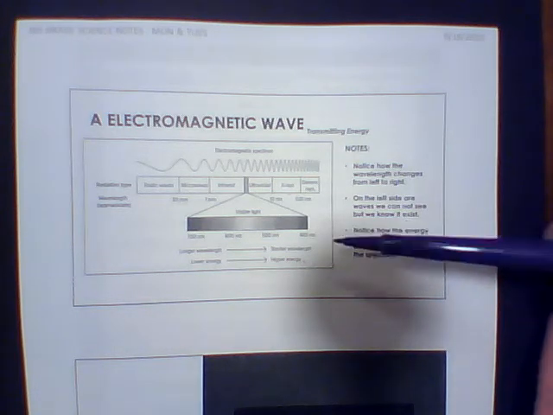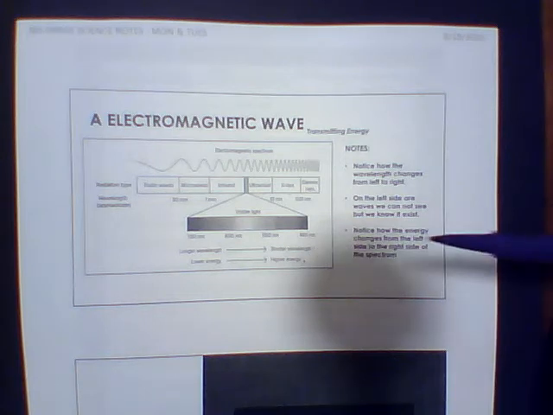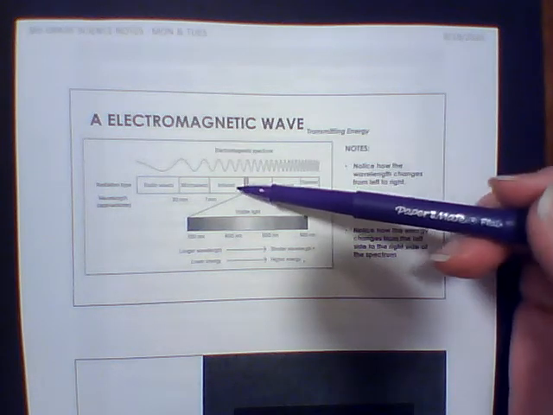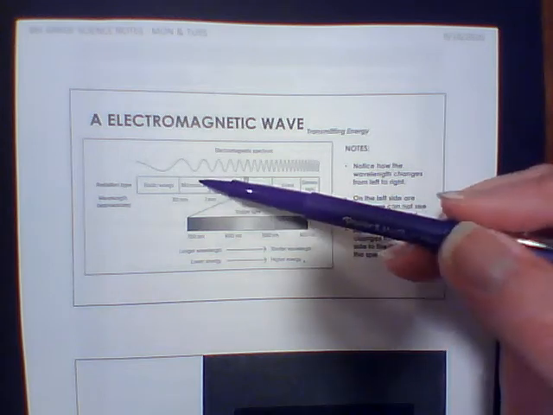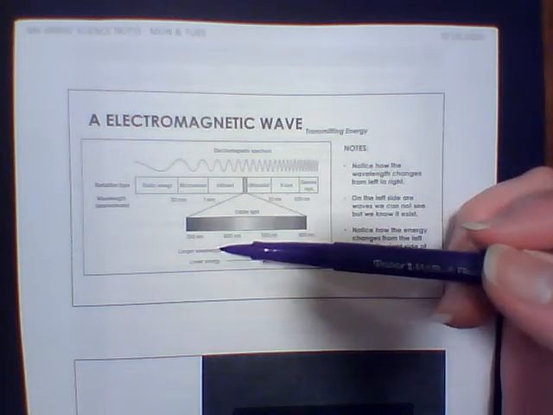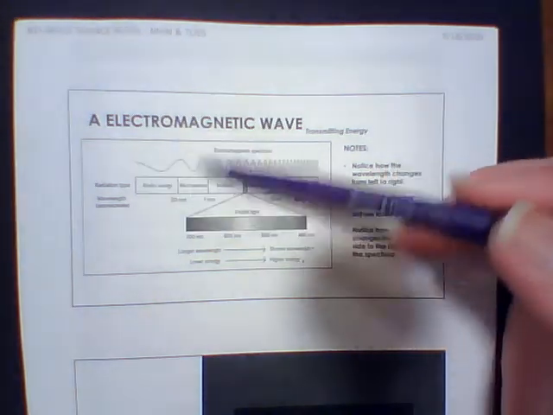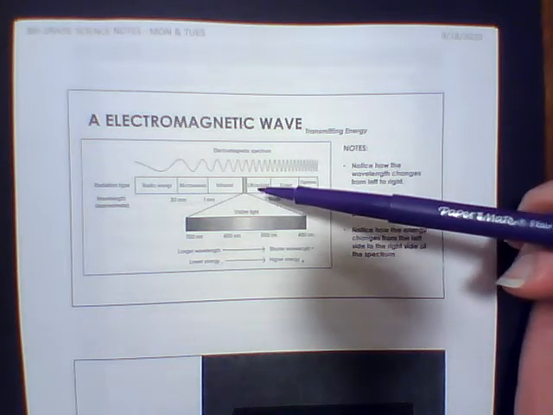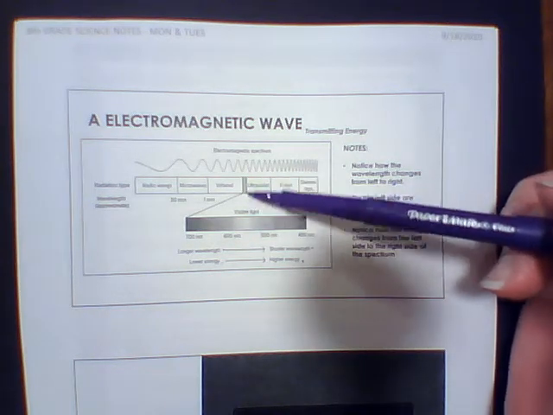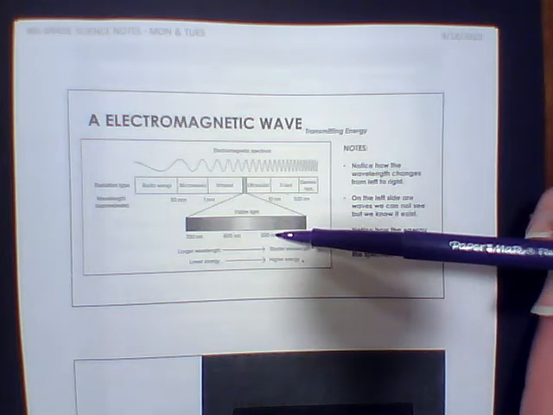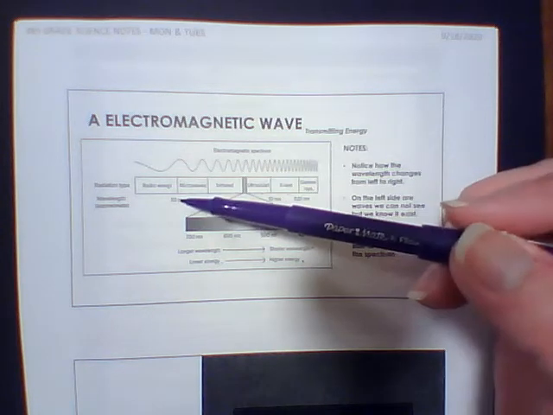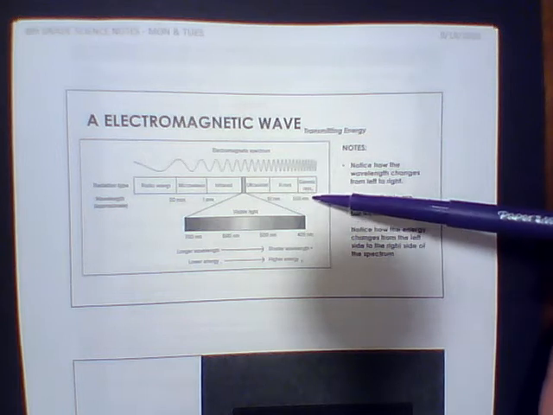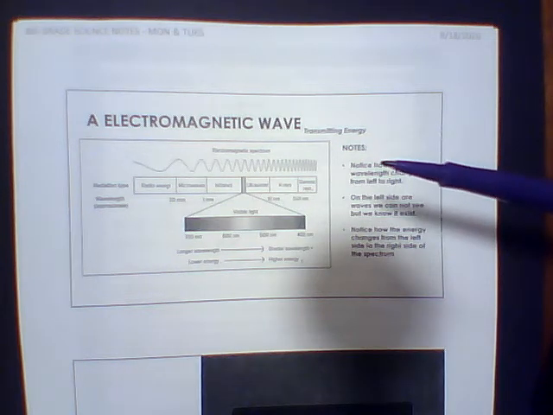But they usually have shorter wavelength. If you're looking on the left side, you have radio waves, microwave, infrared, and they're usually longer wavelengths, but they have low energy. And then right in the middle is called visible light. And if you look at the bottom of these, this is how far they can go.